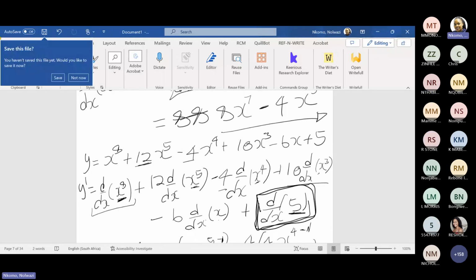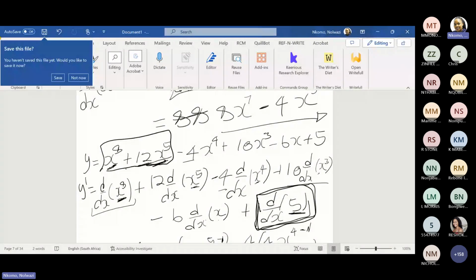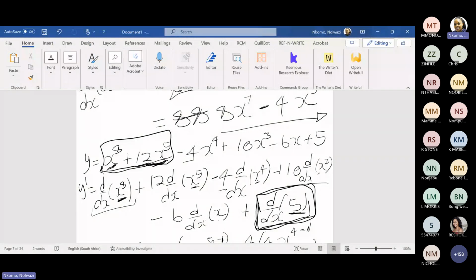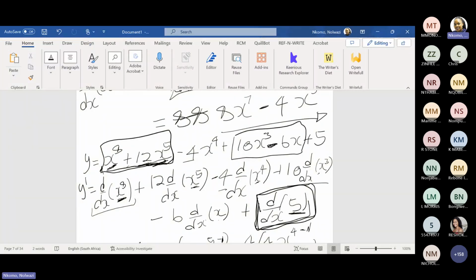addition. We have this function plus this function, right? And we said the one that separates this, if there is a plus, is rule 5. You have a minus here. The one that has a minus is rule 4. You have a constant.